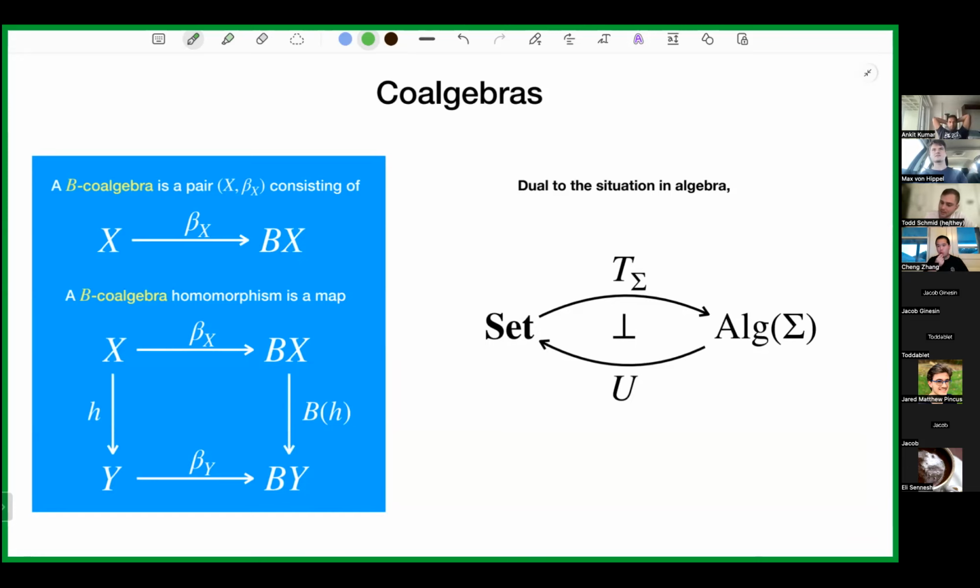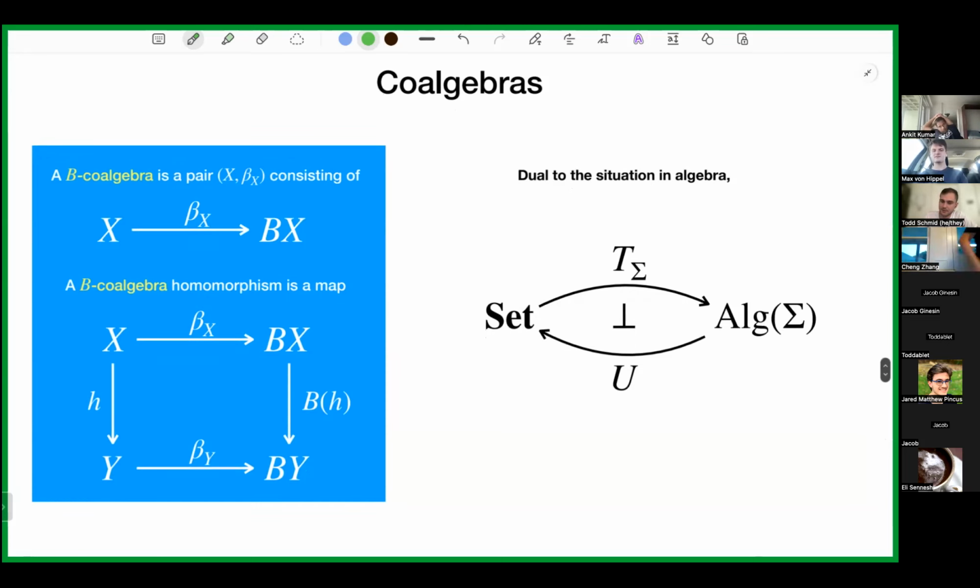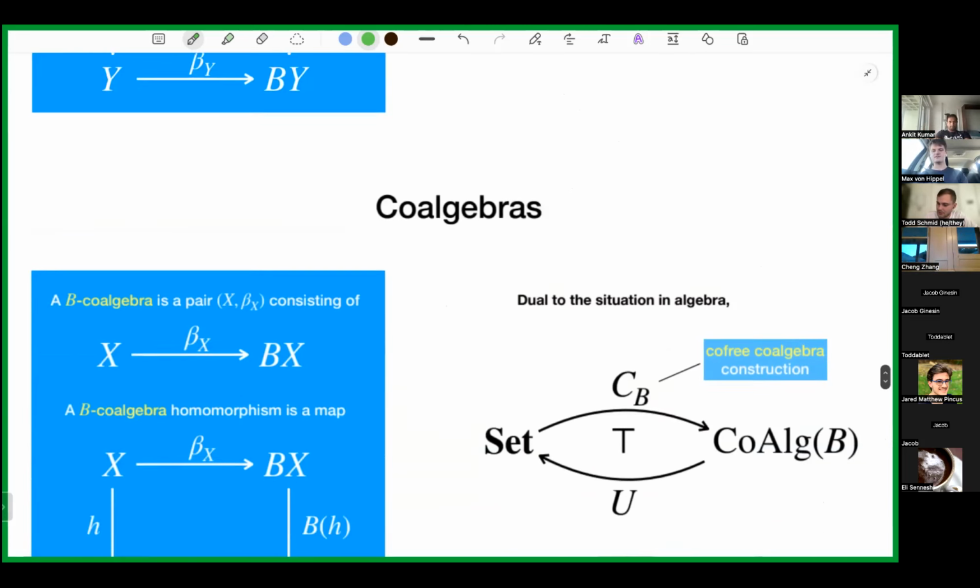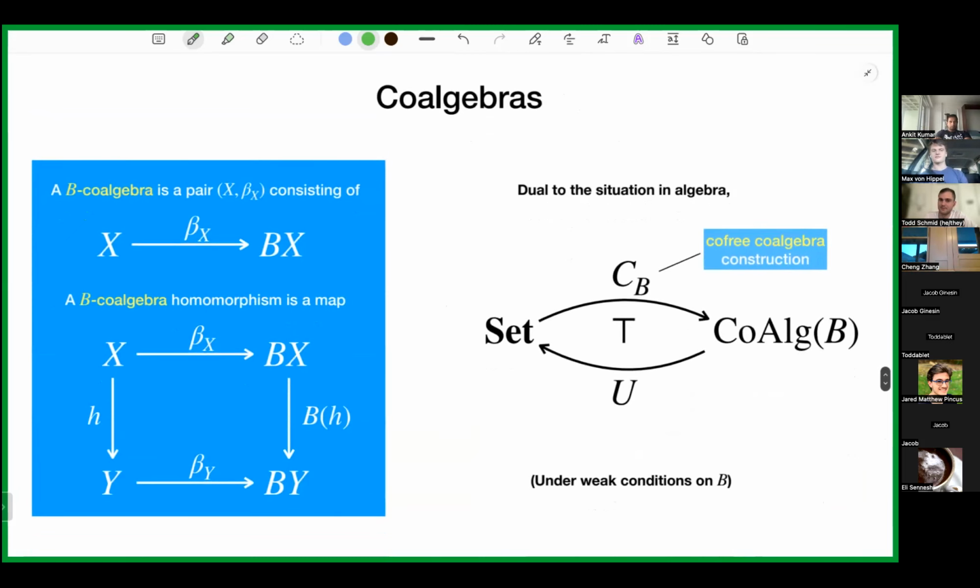So dual to the situation in algebra, where we have this term construction, which is left adjoint to the forgetful functor, we have a different adjunction, which constructs not the free algebra or the term algebra, but the co-free coalgebra. And sometimes you see this called the co-term construction. And instead of the co-term construction being left adjoint, now it's right adjoint to the forgetful functor.